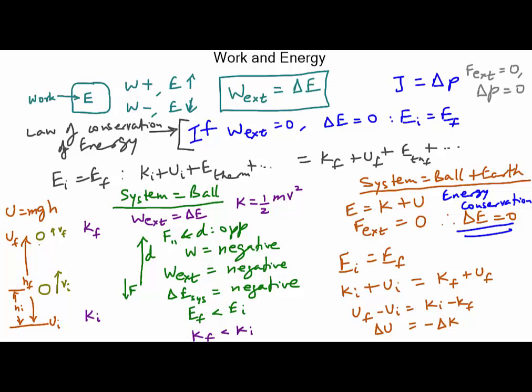The higher I am, the more potential energy I have, so the change in potential energy is positive. So this tells me that the change in kinetic energy must be negative, because negative of negative would be a positive, and that's consistent with the fact that the ball slows down. So when you toss a ball up, it's losing kinetic energy and transferring that loss to gain in potential energy, such that the total energy does not change because energy is conserved.